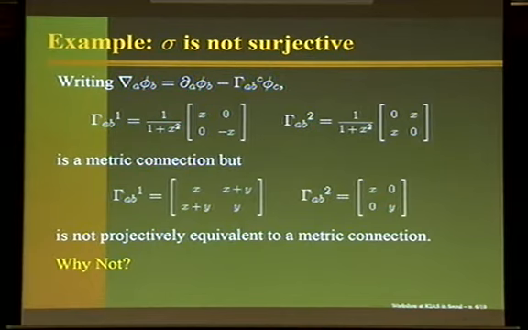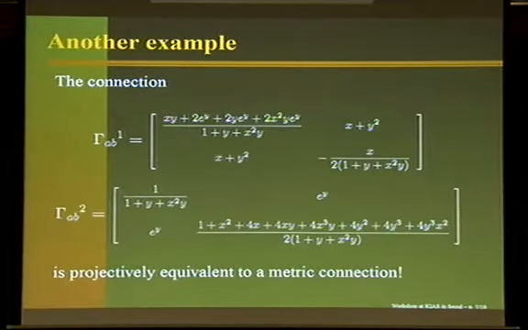So if you look at something a little bit more complicated, like this one, with perfectly straightforward formulae here, if someone gave you this one, you'd be at a real loss to tell whether that was projectively equivalent to a metric connection, or in fact was a metric connection. But this one I claim is projectively equivalent to a metric connection.